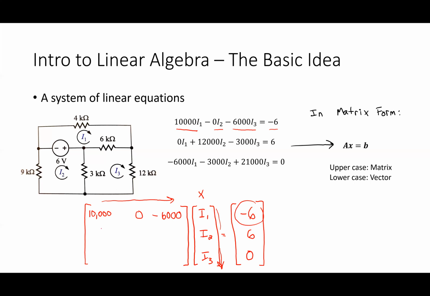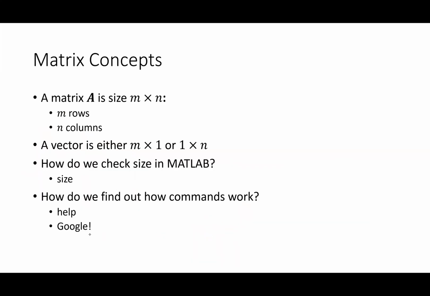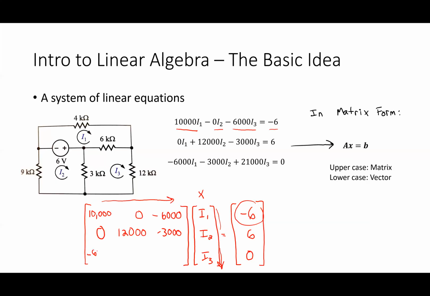And the next row: 0 times I1 plus 12,000 times I2 minus 3,000 times I3 is equal to 6. In the last row, -6,000 times I1 minus 3,000 times I2 plus 21,000 times I3 is equal to 0, right? Those ultimately are my three equations.